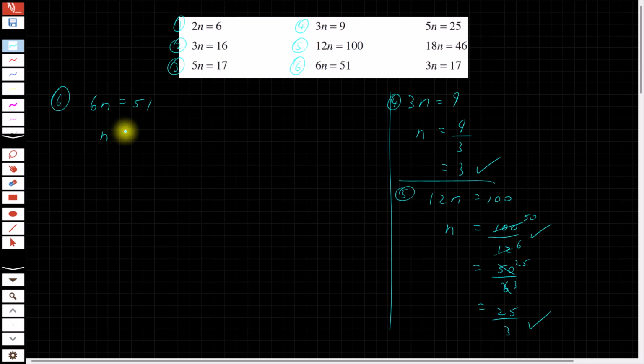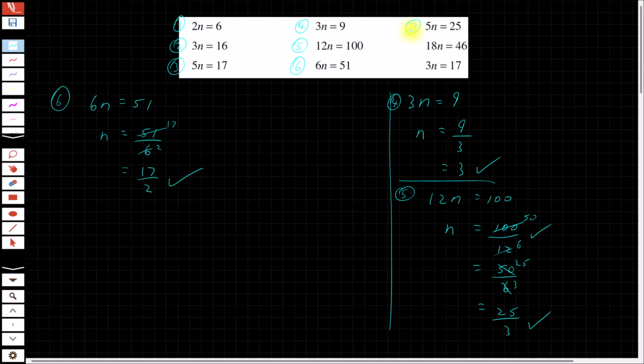We have n equals 51 over 6. Can we simplify this a little bit further? Let's try dividing the top and bottom by 3. So 3 into 6 goes twice. 3 into 51 goes 17 times. So we have 17 over 2.